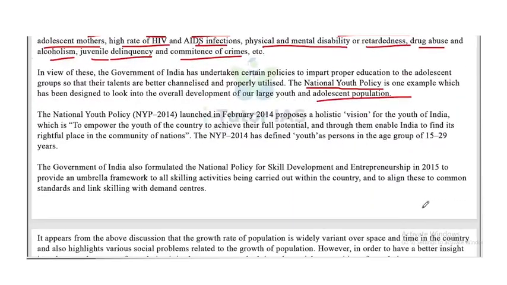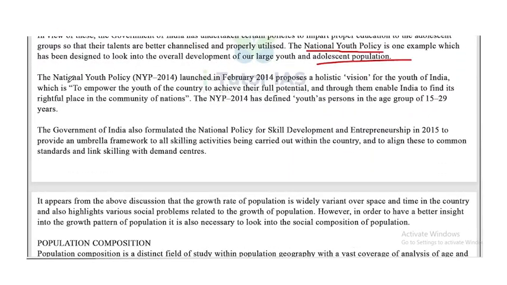The National Youth Policy 2014, launched in February 2014, proposed a holistic vision for the youth of India, which is to empower the youth of the country to achieve their full potential, and through them enable India to find its rightful place in the community of nations.